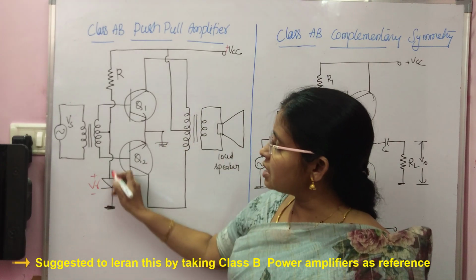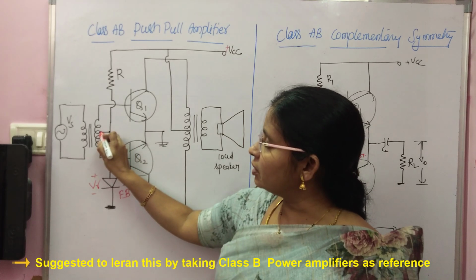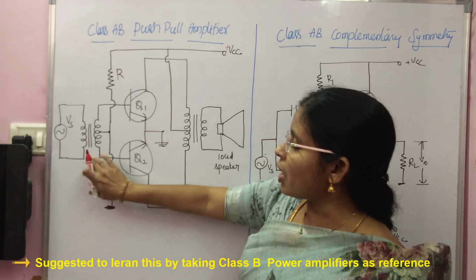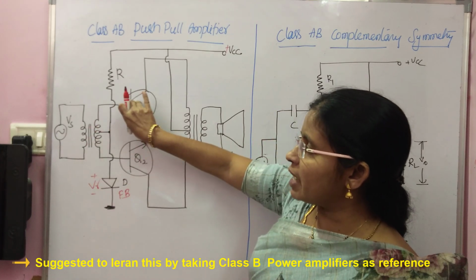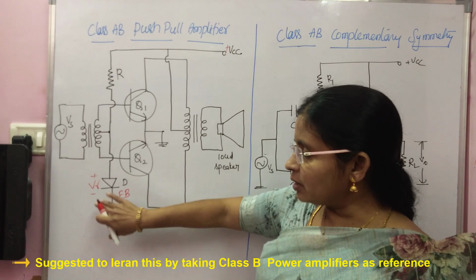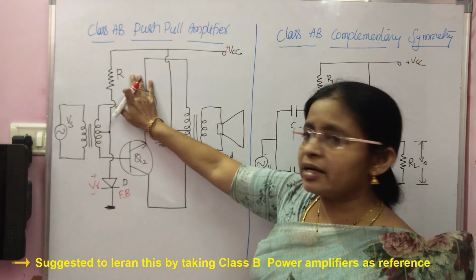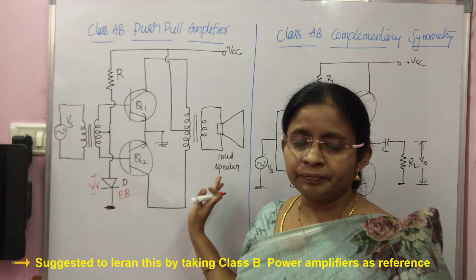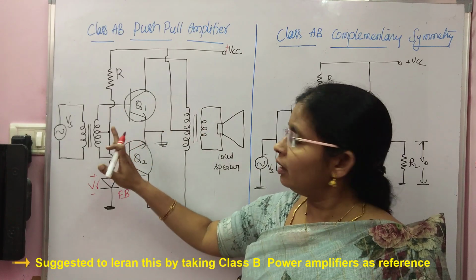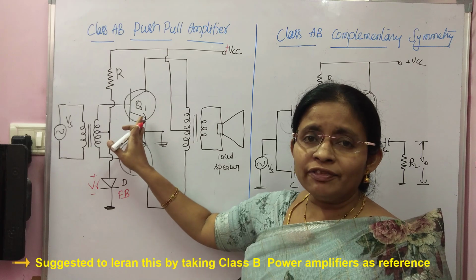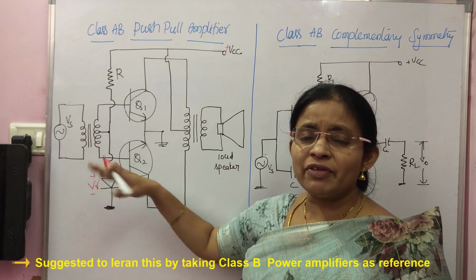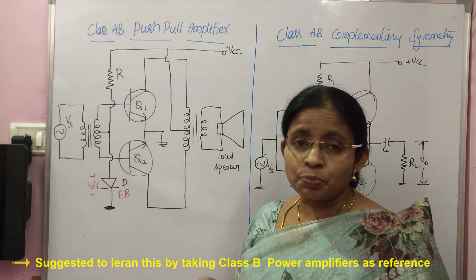Now this V gamma is given to the center-tapped driver transformer. So this 0.7 is applied to this base as well as this base. For this V gamma, Q1 will conduct first, then it sends the positive half cycle to the output. For the next negative half cycle, Q1 will be off and Q2 will be on, because the center-tapped transformer will shift the negative half cycle as positive.